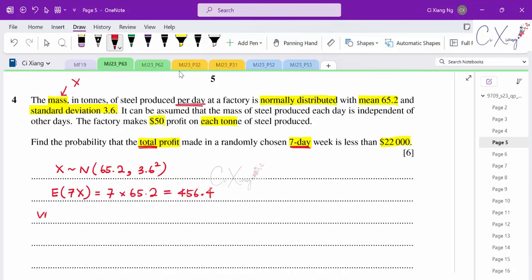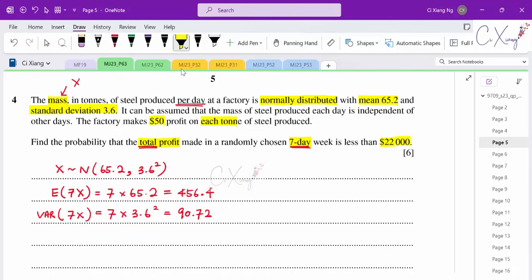Then after that, if I want to get the variance, when I write 7x here, the meaning is actually the total, the sum. That means I have x1 plus x2 plus x3 until x7. So for variance also, we have variance x1 plus variance x2 plus variance x3 until variance x7. You add them 7 times, so you can multiply it with 7, and then 3.6 squared, which gives 90.72.